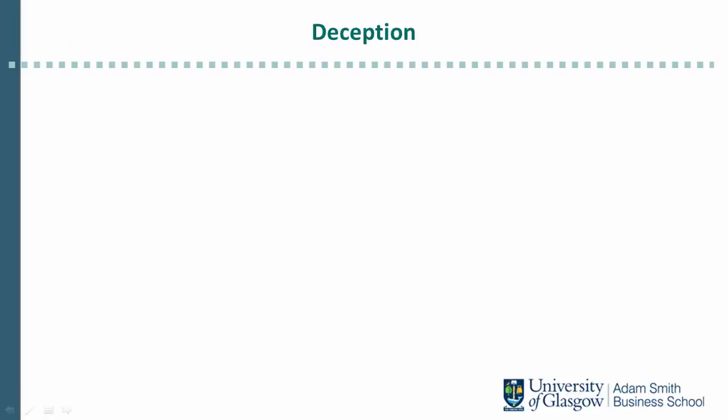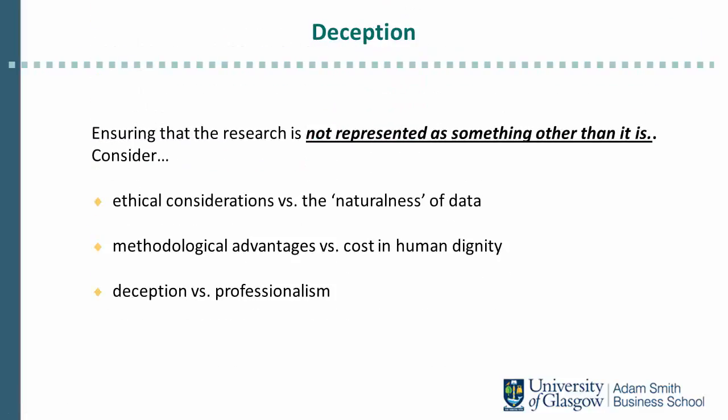Let's start with deception. This is basically about you ensuring that the research is not represented as something other than what it is. For that, do consider ethical consideration versus the naturalness of data.